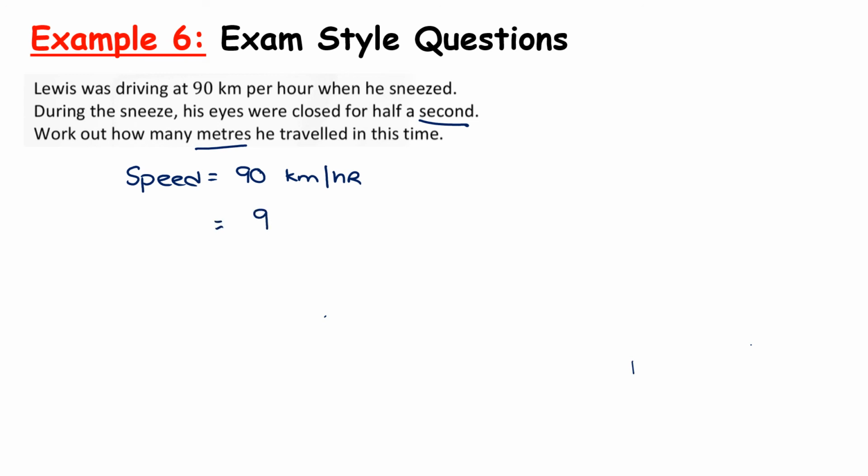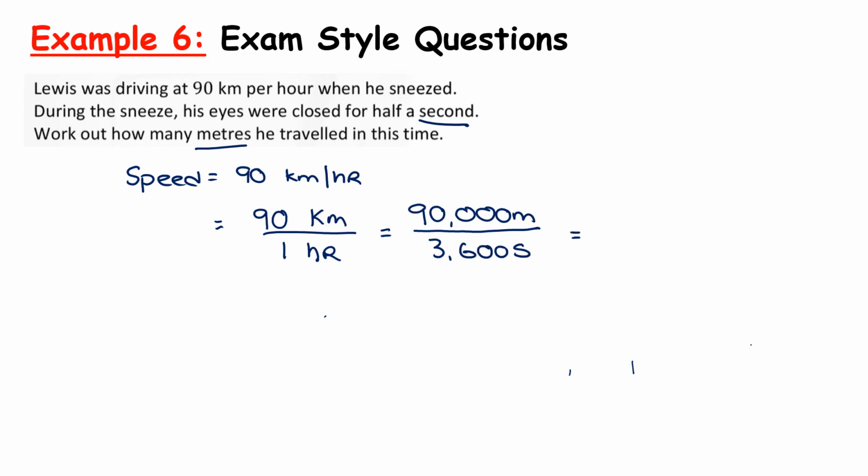So I like to write it like this. We have 90 kilometers per 1 hour. When we then change it, I'll change this to meters and 1 hour to 3,600 seconds. And this will end up giving me the correct answer. Now, I did show you kind of another way to go about that yesterday, but this is just a different way you can do it.